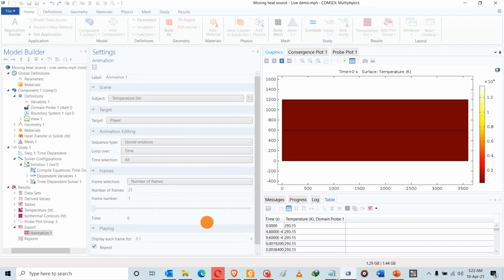Cool. So it enters the surface and heats up the surface and it exits the sample. So I would like to say you have successfully modeled the moving laser heat source, a continuous laser heat source.